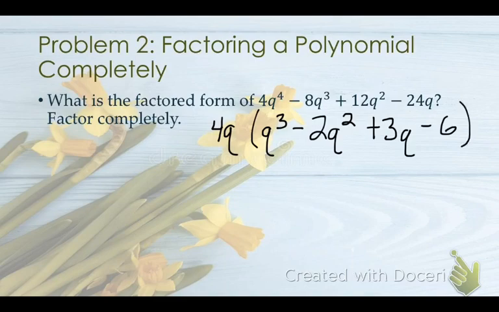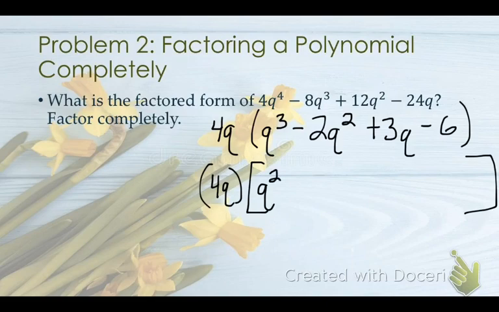Now, at this point, once I have factored out that 4q, I'm going to leave that 4q in the front, but what I have in parentheses, I am going to treat as I have in the past and divide it in two and factor that way. So I've got 4q out here in the front. In my parentheses currently, and I'm going to make brackets because I will end up with other parentheses inside here. In the first half, I can factor out a q squared, and so that leaves me with q minus 2.